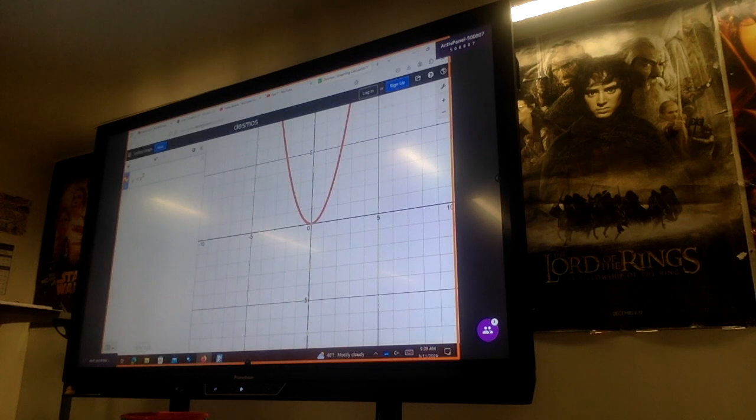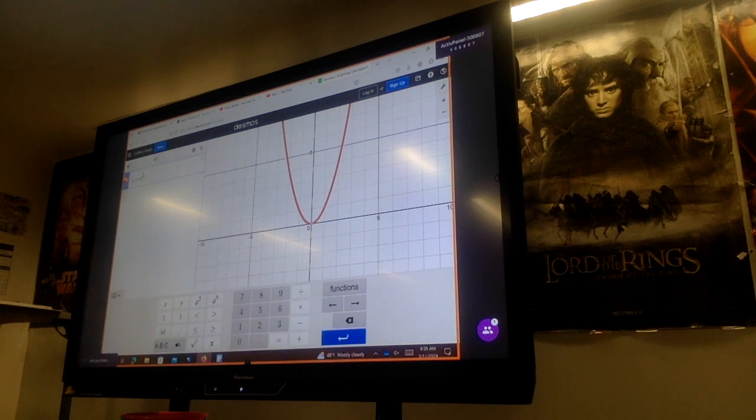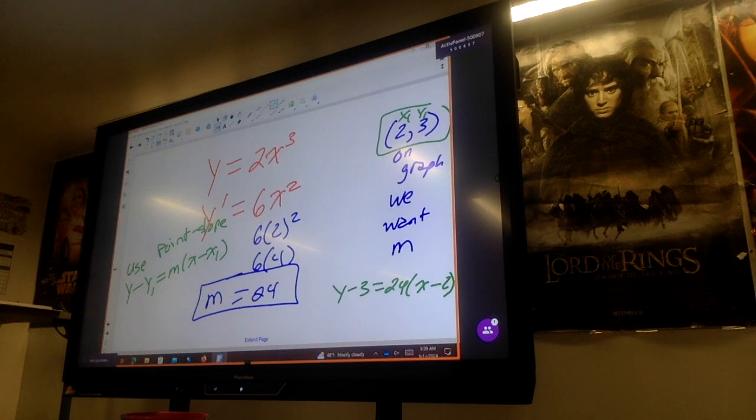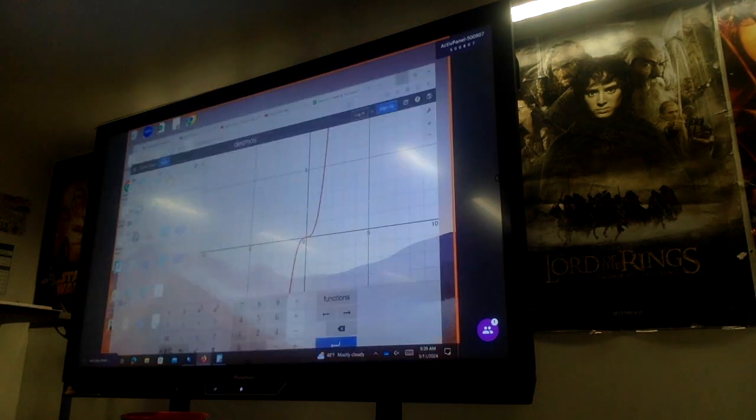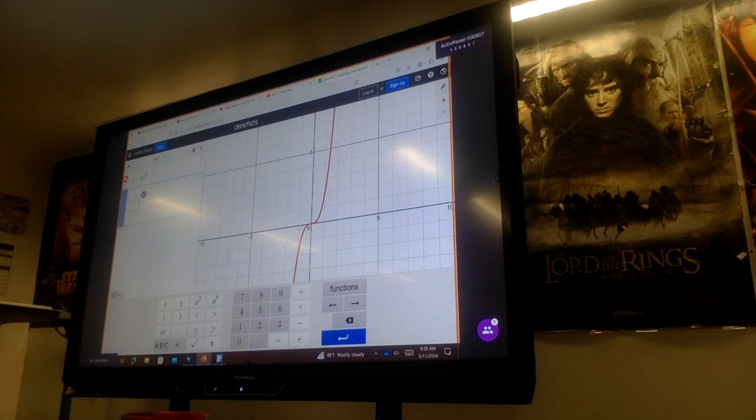So I have my equation I just made up, 2x to the third. And then down here, I'm actually going to plot this point. We said 2, 3. So I want to plot the point 2 and 3.